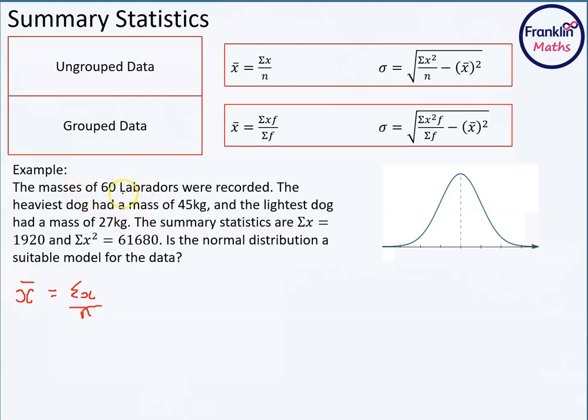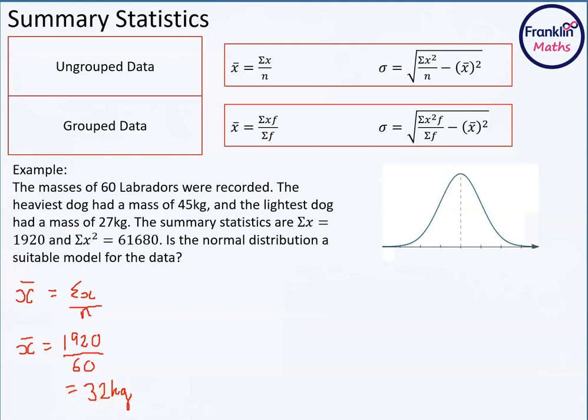The dogs haven't been grouped into 27 to 30, etc. So in this case x bar is going to be 1920 divided by 60, which comes out as 32, I believe. So that's the mean mass for the Labradors.